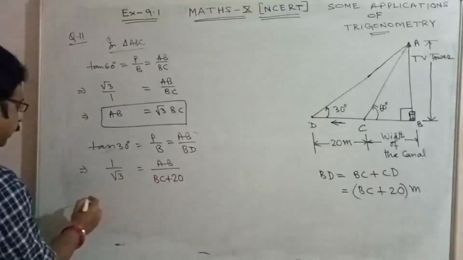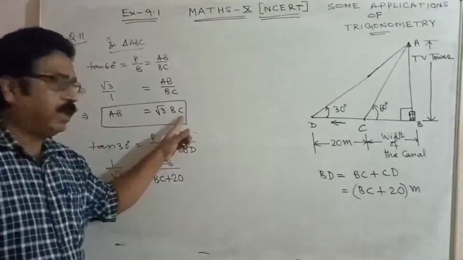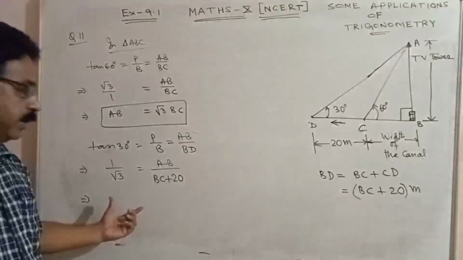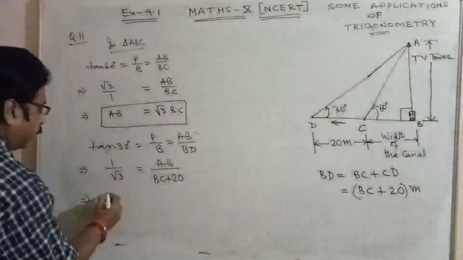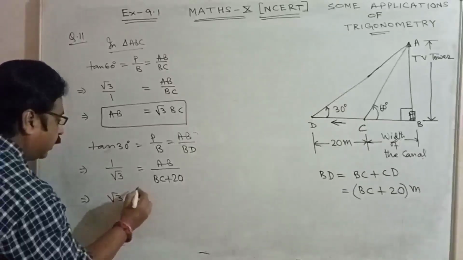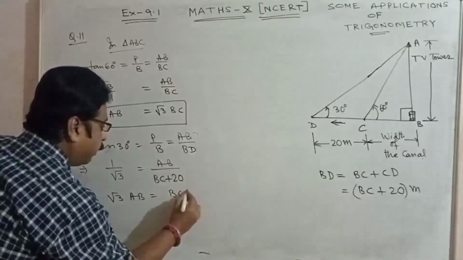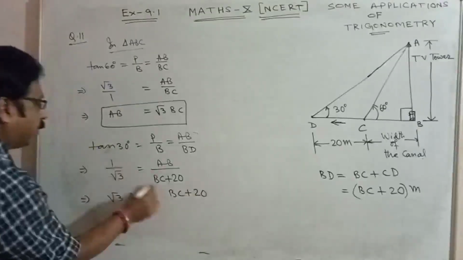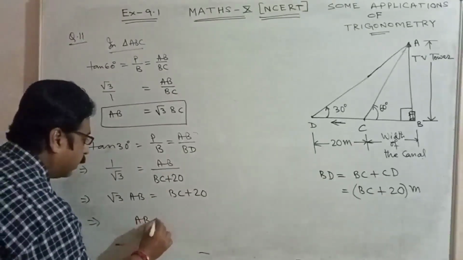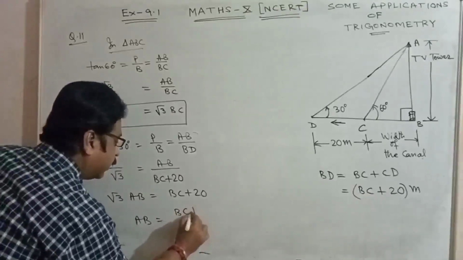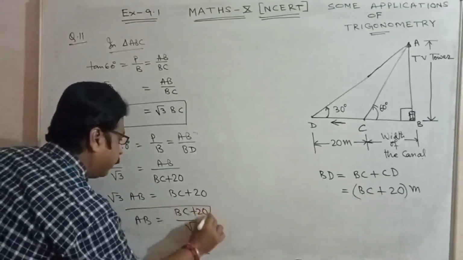Now cross multiplication, or you can do one thing. Here we got AB equals to root 3 BC. Here also you can take AB equals to something. Root 3 into AB equals to BC plus 20, cross multiplication. Next, AB will be BC plus 20 upon root 3.